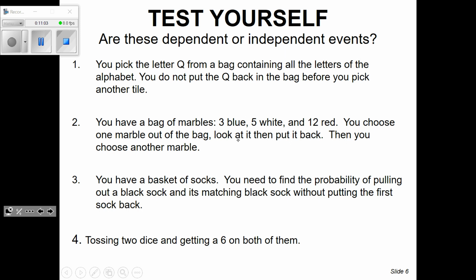Number 3, you have a basket of socks. You need to find the probability of pulling out a black sock and its matching black sock without putting the first sock back. Okay, and then the last one says tossing 2 dice and getting a 6 on both of them.